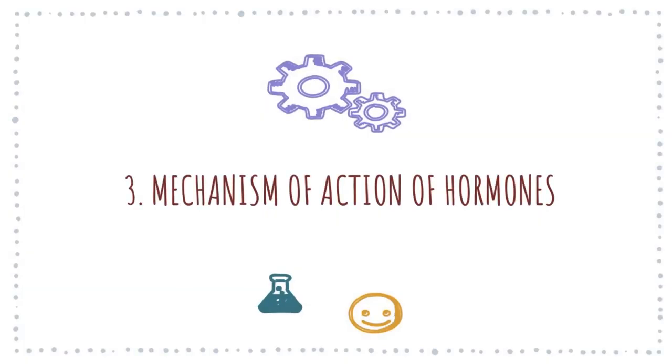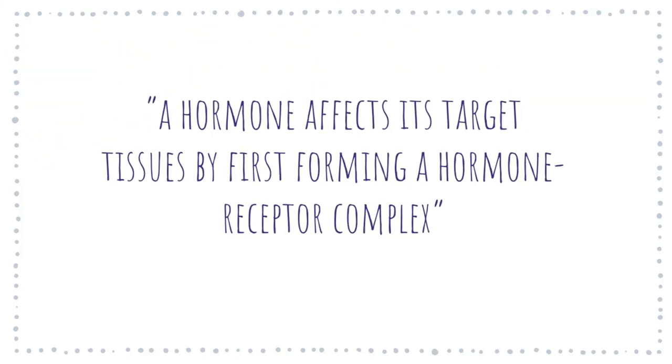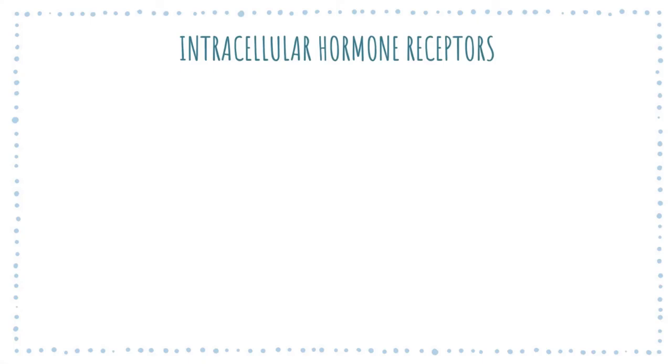Then the next part I want to present to you is the mechanism of action of hormones. Hormones affect their target tissue by first forming a hormone-receptor complex. Group 1 hormones, intracellular hormone receptors.